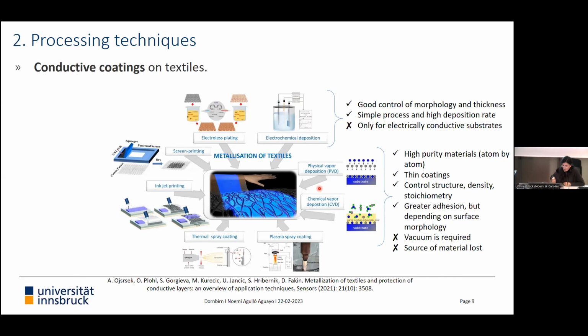You have to imagine that you apply some energetic beam to your target, and then all the atoms from your target will be directly deposited on your substrate. And this means that if your substrate has a three-dimensional structure, there will be shadows. There will be parts that will not be covered by the material.